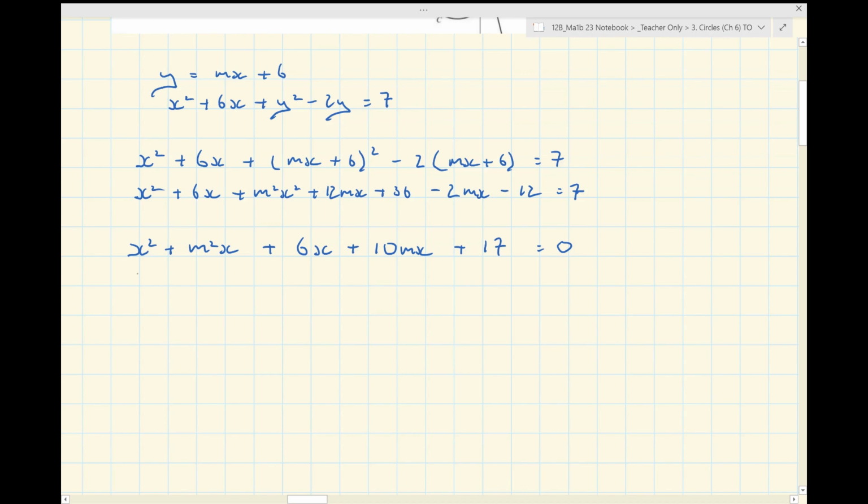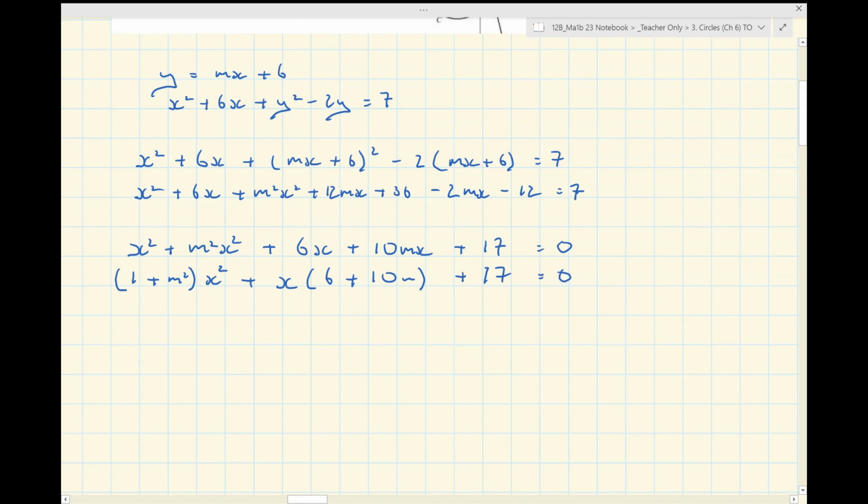Before I do that, let's make very sure that I know what the coefficients are. Of the x squared, 1 plus m squared, x squared, that, plus, what's the coefficient of the x? 6 plus 10m, and then my c term is 17.